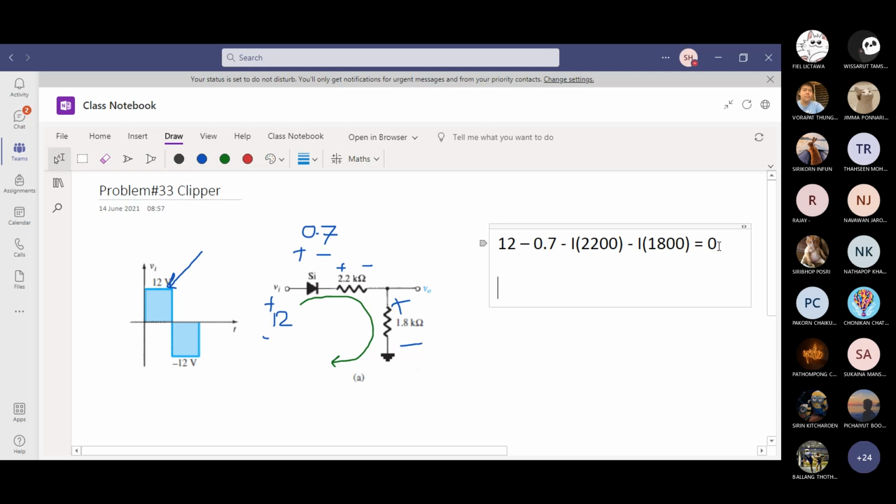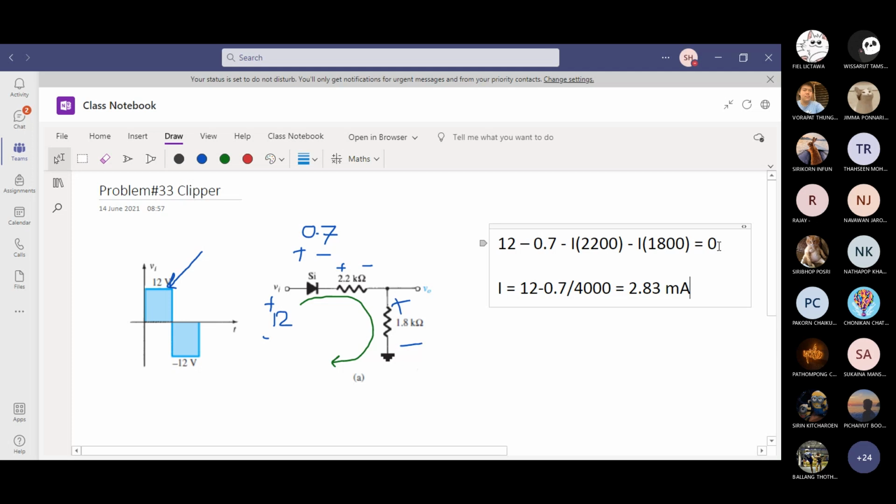Only I. So let's find out I. 12 minus 0.7 divided by, you have to add these two resistors, they are in series. It is 4000. How much is the current? 2.83 milliamp, I believe. Is it 2.83? Yes. Okay.